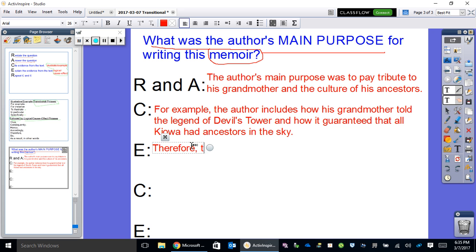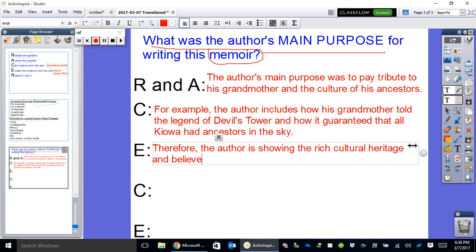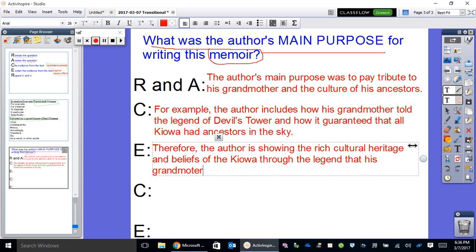Therefore, the author is showing the rich cultural heritage and beliefs of the Kiowa through the legend that his grandmother taught him.